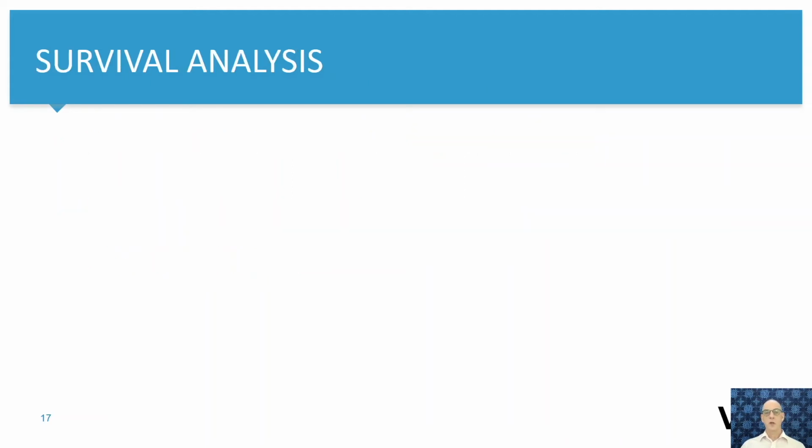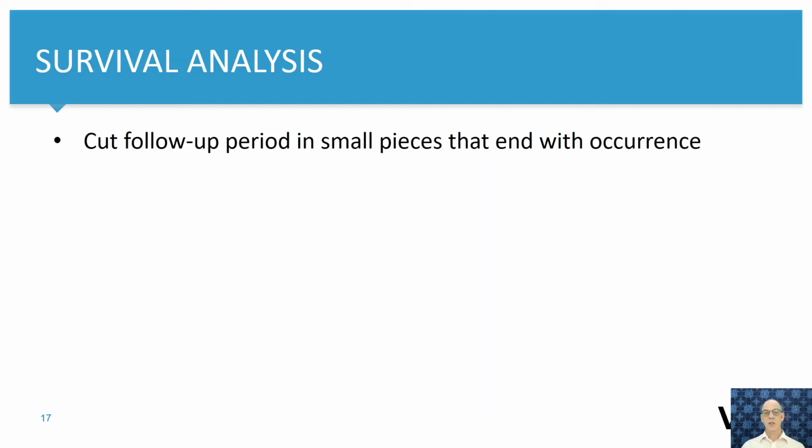So after this short repeat of the concept of incidence density or the rate, we turn to survival analysis itself. Survival analysis cuts up the follow-up period in small pieces that end when an occurrence happens. As long as there's no occurrence, the observation period continues.